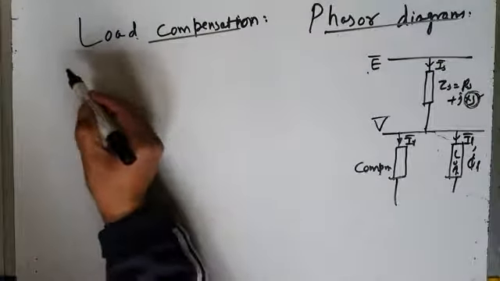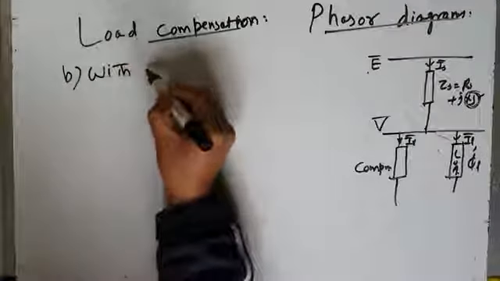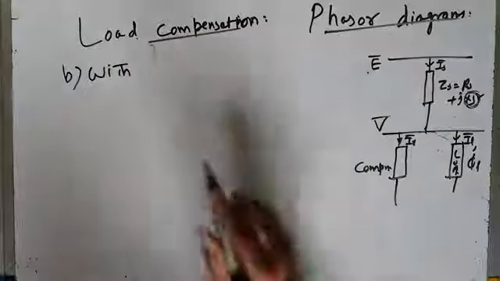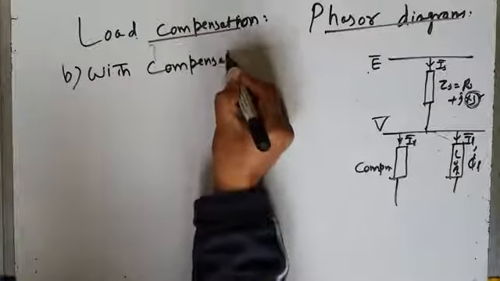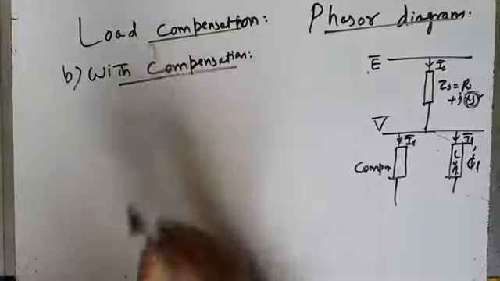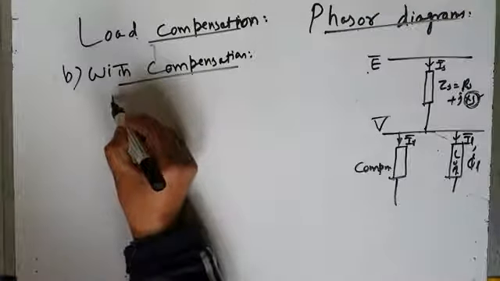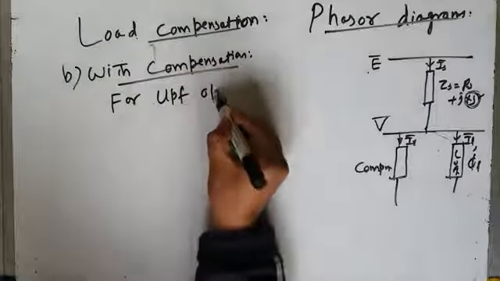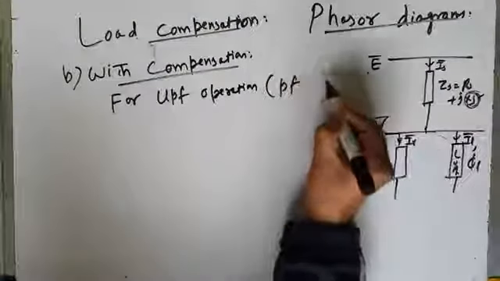Now second is with load compensation. First one was without compensation, second is with compensation. With compensation, first of all, what type of compensation? Say for power factor improvement, so for unity power factor operation, that is power factor correction.